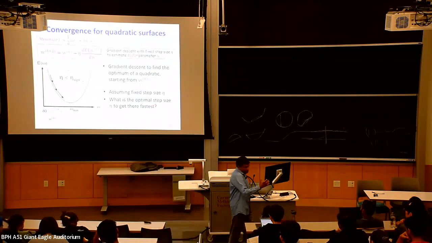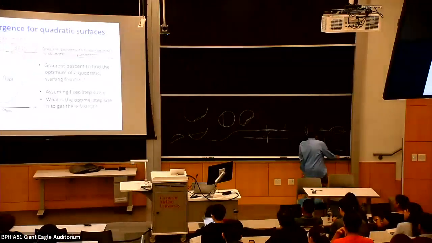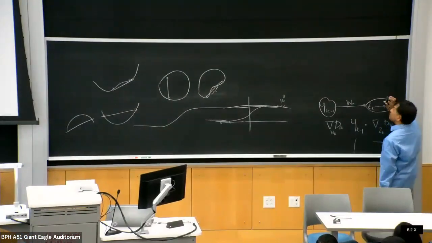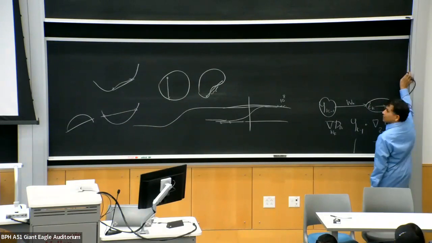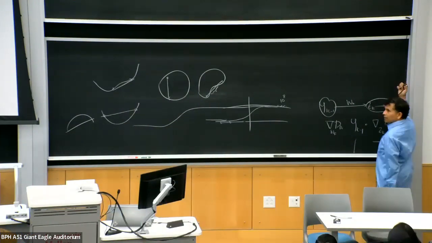What is a quadratic function, anybody? A function where the dependent variable is squared. A quadratic function is a function of the second power of the variable, right?